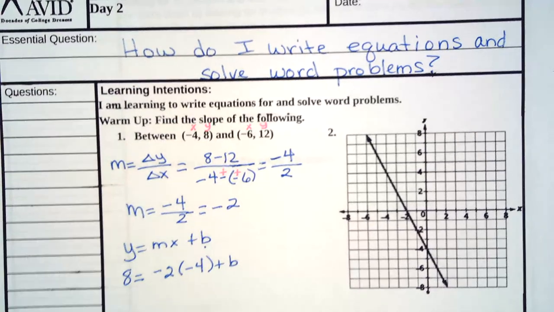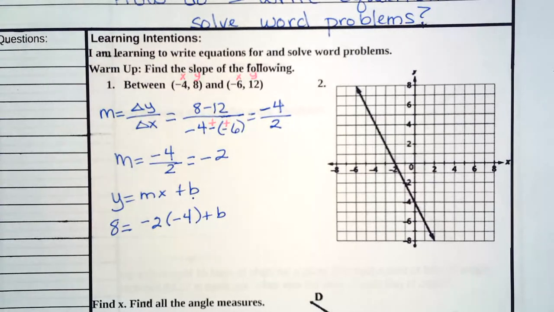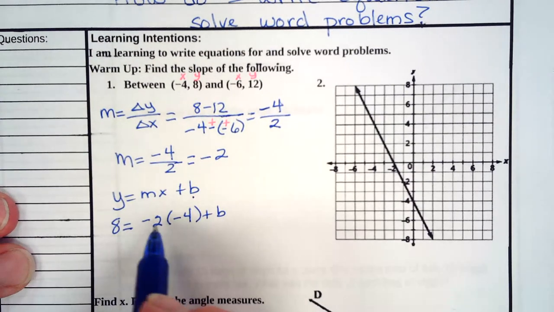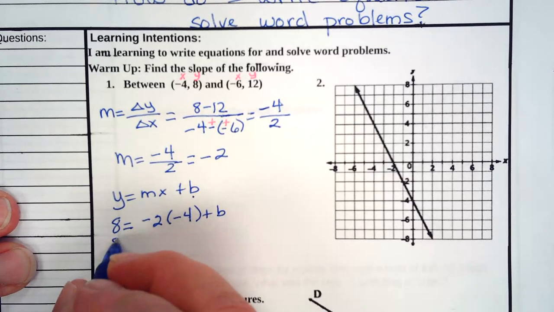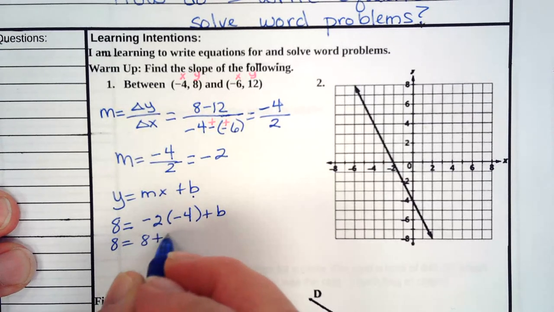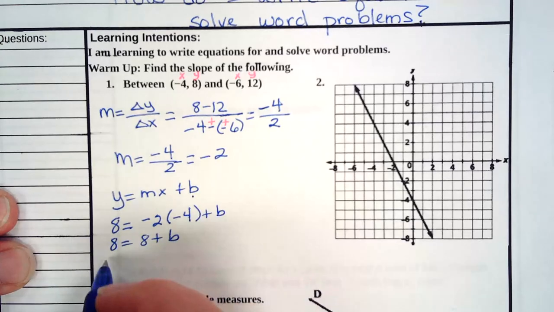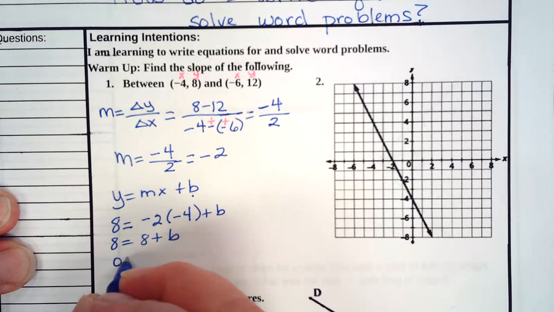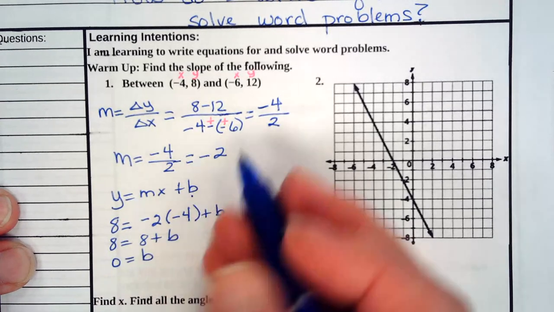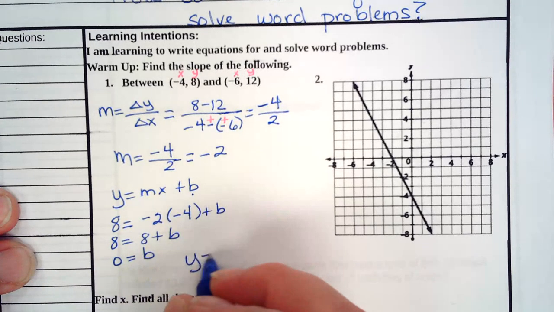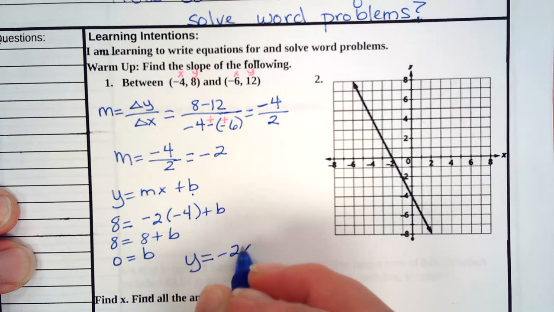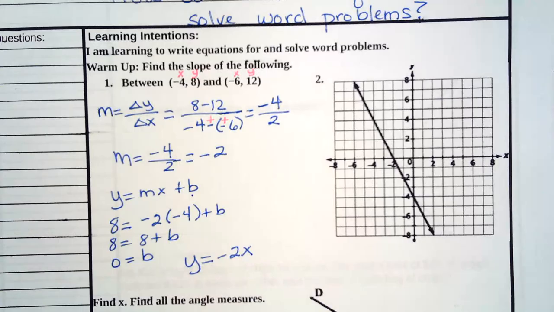All I did was substitute in. 8 is equal to -2 times -4 is 8 plus b. Subtract 8 from both sides, and 0 is equal to b. So this equation would be y is equal to -2x. I could put the plus 0 in, but should I? No. Okay, let's look at the next one.